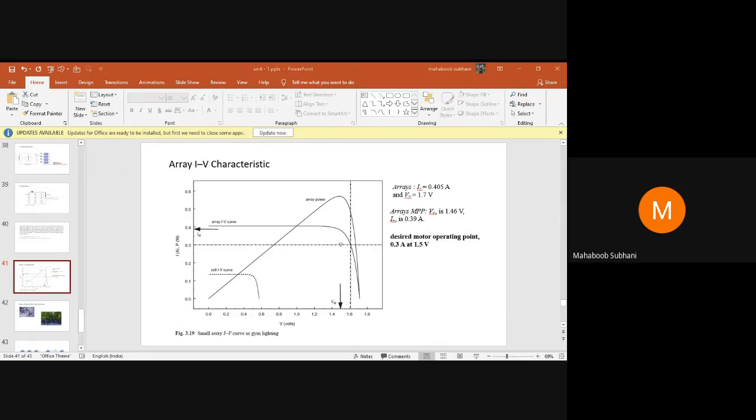Because the maximum resistance which we can provide with this motor specification is 5 ohms. So there is extra 0.33 ohm that needs to be compensated. If you just do 5.33 minus 5 ohms, we have 0.33 ohms of extra resistance.